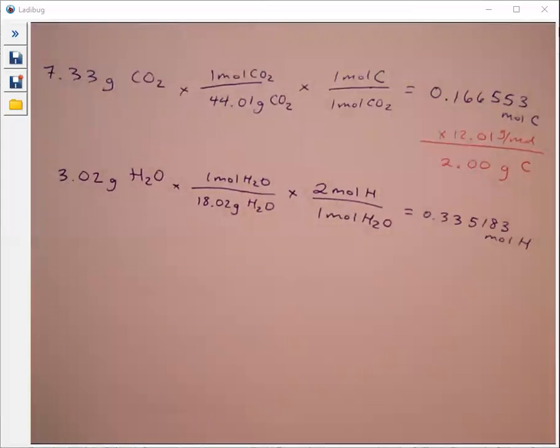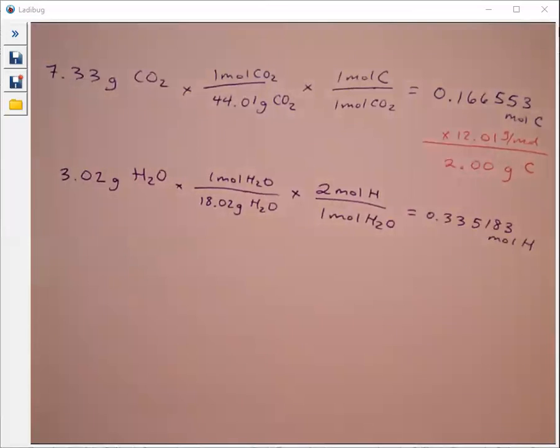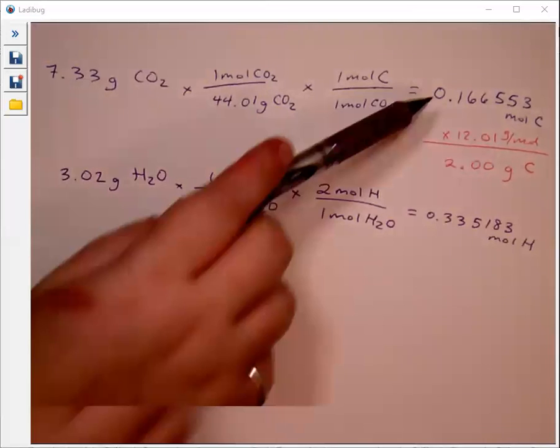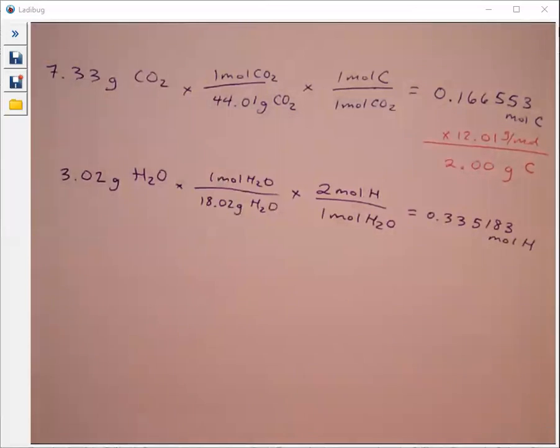Now, if there wasn't a third element, we could at this point divide by the smallest and then get the ratio between the carbon and the hydrogen. But we need to figure out how much oxygen was there because this compound contains oxygen as well.